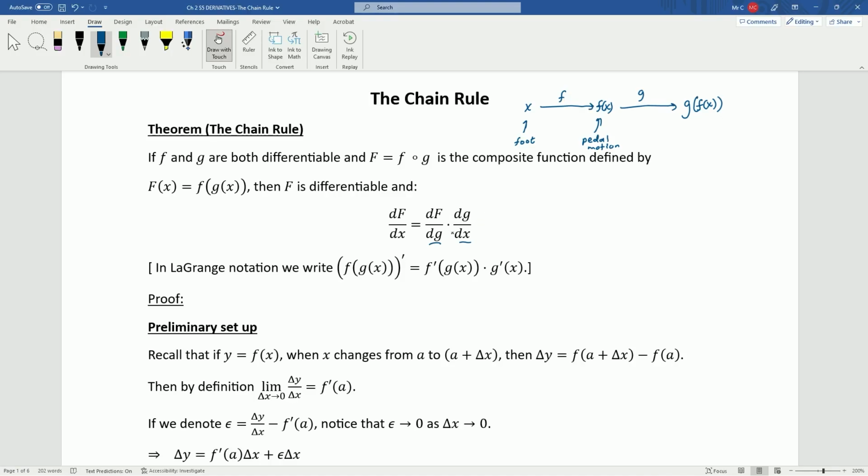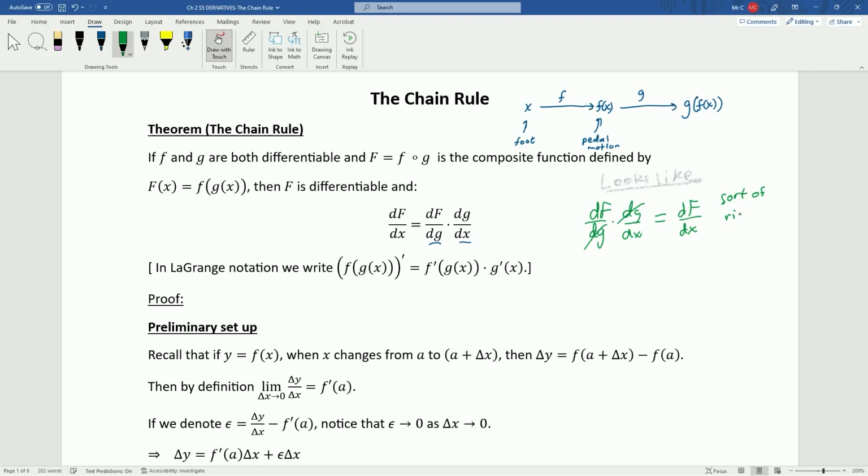Now, Leibniz notation seems very intuitive here because when we look at df/dg times dg/dx, and we say this is equal to df/dx, it looks like you're just canceling dg over dg. Now this isn't quite right. Sort of, it's sort of right.